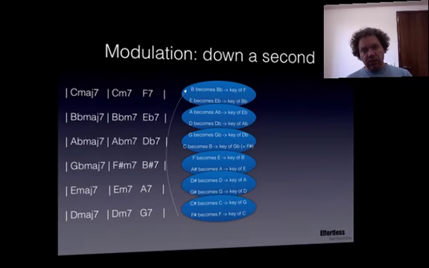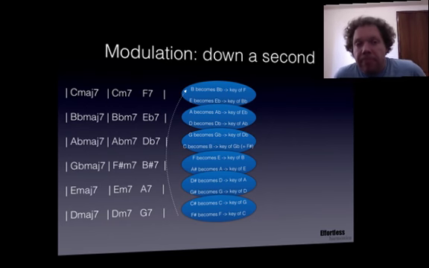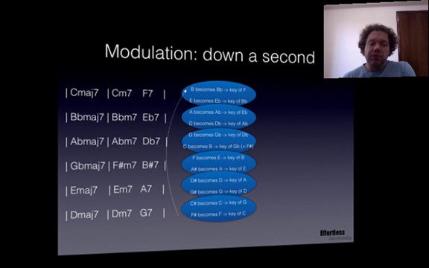So what happens is that modulation down a second happens when a major chord becomes a minor chord and then the dominant seventh, and then it resolves to, for instance, the tonic. And here you see that same overview and grouped with the specific chord symbols on the left side.